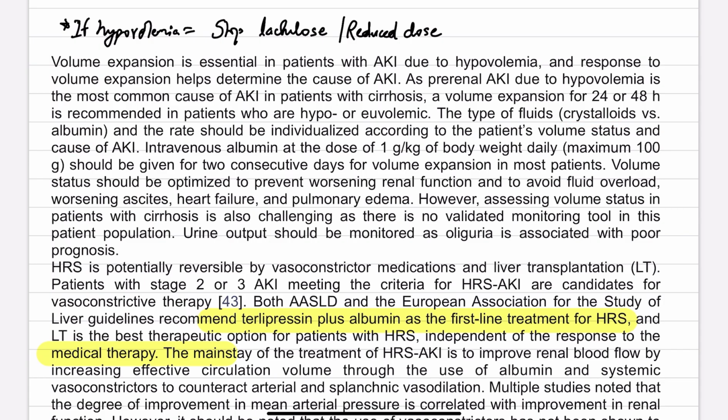The dose of albumin should be 1 gram per kilogram of body weight for 2 consecutive days for volume expansion in most patients. Remember to optimize the dose to prevent worsening of renal function and to avoid fluid overload, worsening ascites, heart failure, and pulmonary edema.